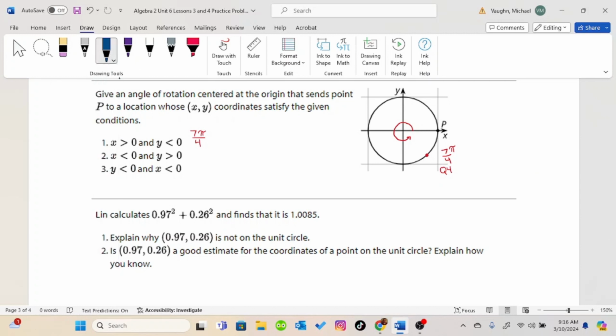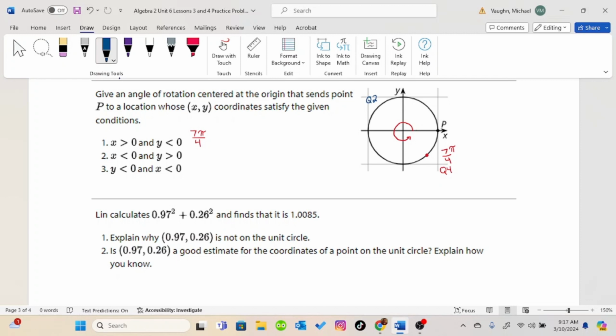Number 2, we want x to be less than 0, so we need to be on the left side of the circle. And we want y to be greater than 0, so we need to be on the top half of the circle. So for this one, we're over here in quadrant 2.